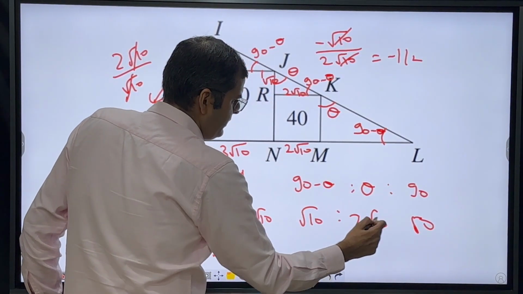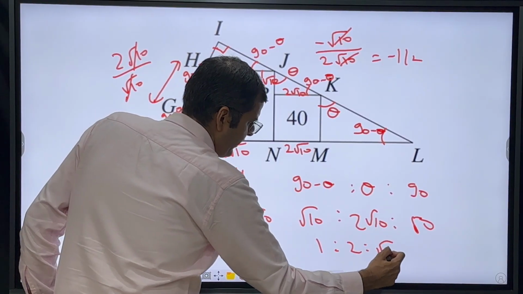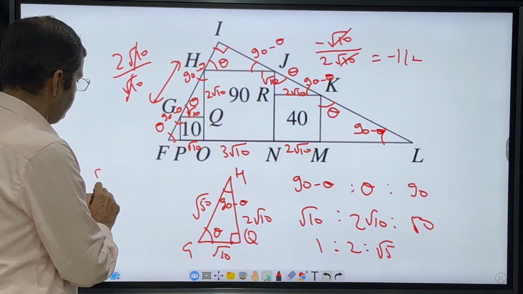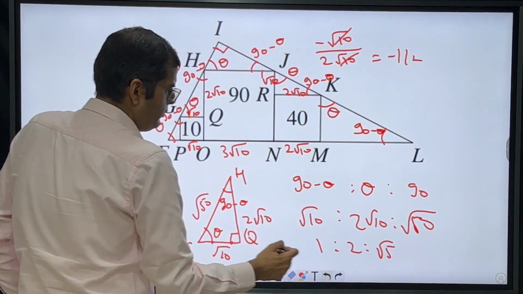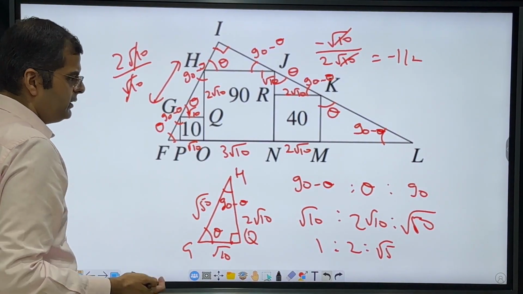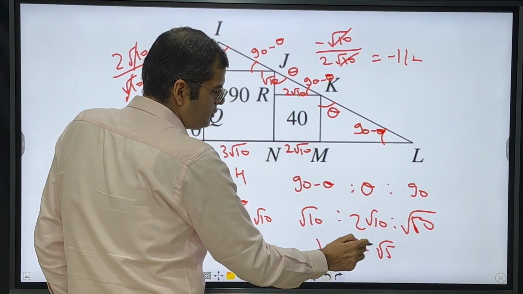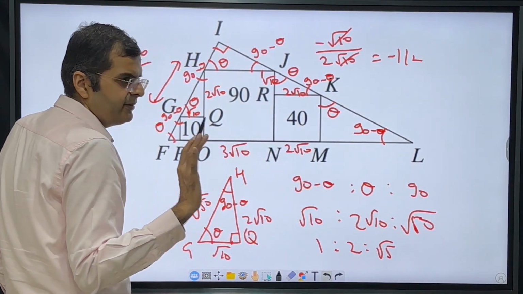So, each of them are similar and the sides will be in the ratio 1 is to 2 is to root 5. If you divide root 50 by root 10, root 50 by root 10 is root 5. So, the sides are in the ratio 1 is to 2 is to root 5 when the angles opposite them are 90 minus theta, theta and 90.